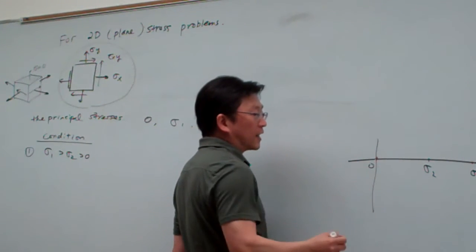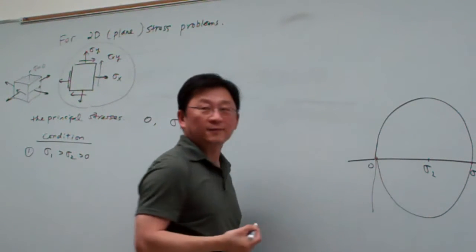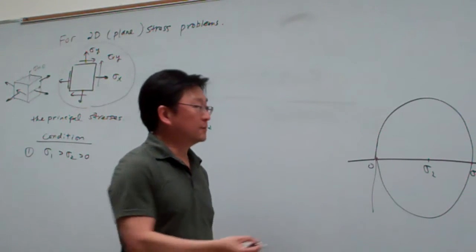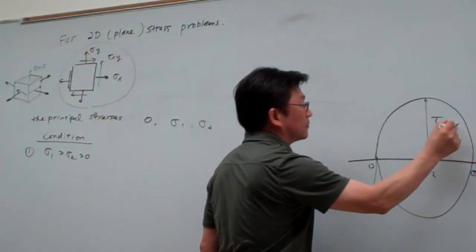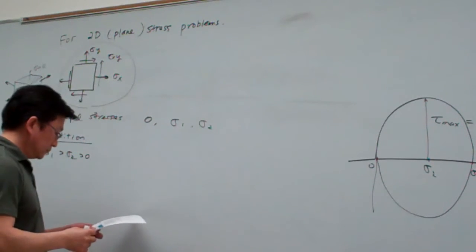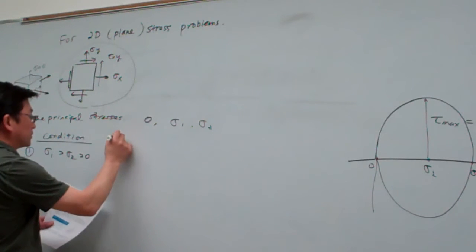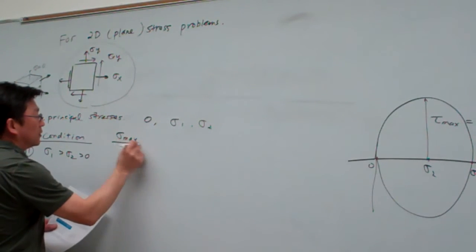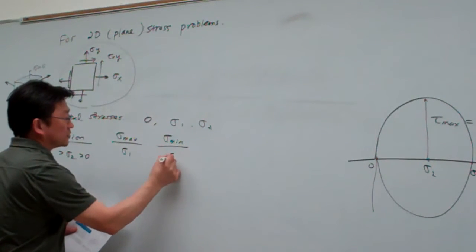So you can clearly see the biggest circle is this one, right? What is the maximum? The maximum basically is sigma 1 divided by 2, right? Here the maximum will be sigma 1 and the minimum will be 0.